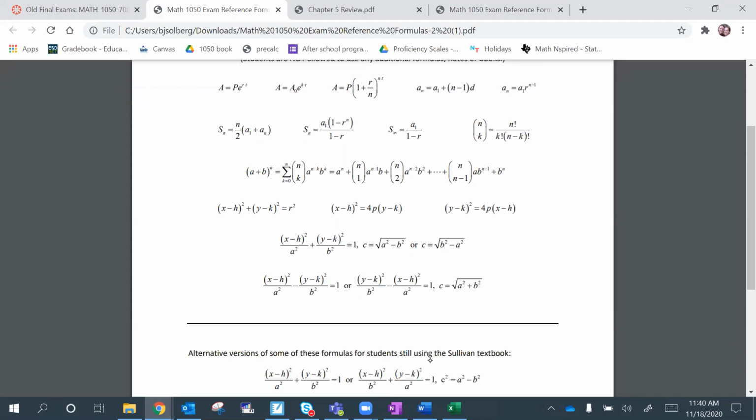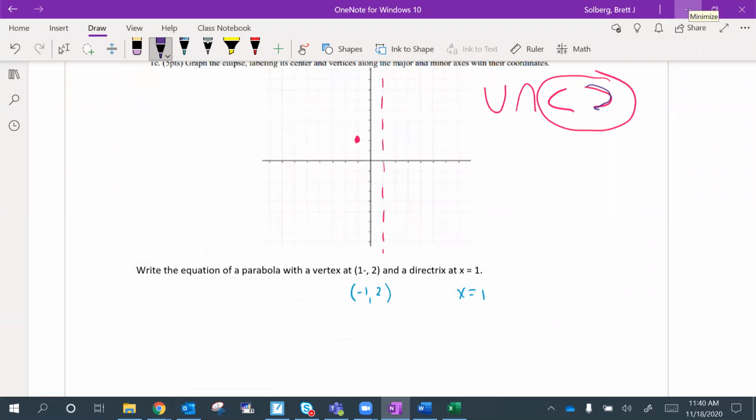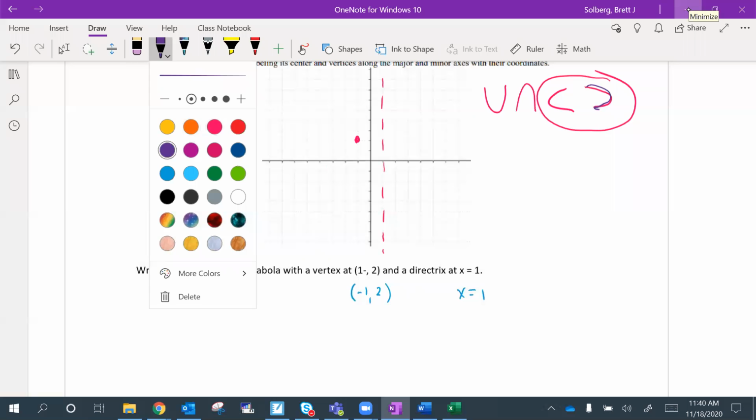Someone's just got to unmute and say it. The y equation. You would. Good job. If it's the x squared, it opens up or down. If it's the y squared, then it opens left or right.